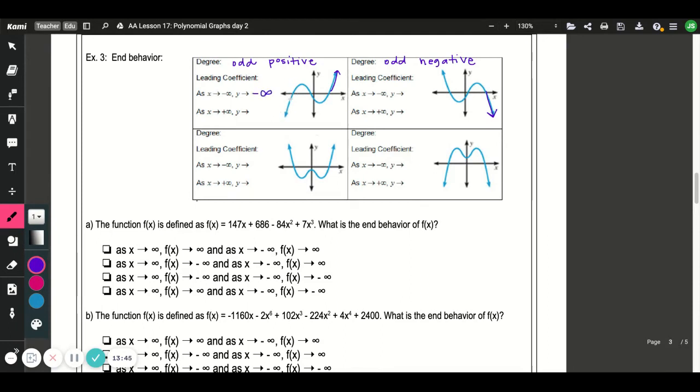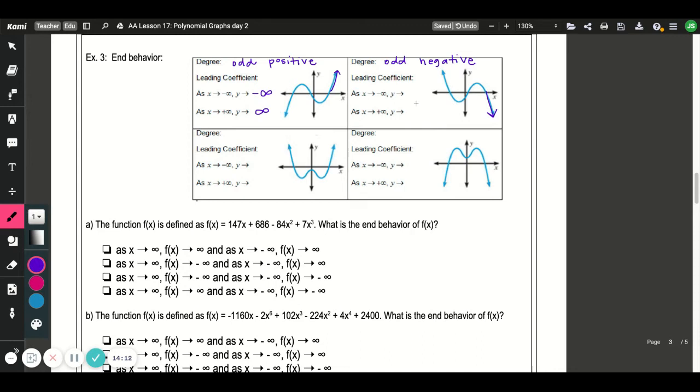All your answers are just infinity or negative infinity. That's it. There are no numbers or anything like that. As x goes to the positive, that means the right-hand side of the graph. Which way is the graph pointing? It is pointing up. Up is positive.